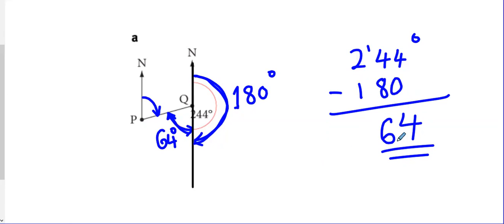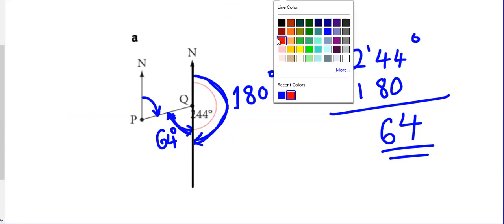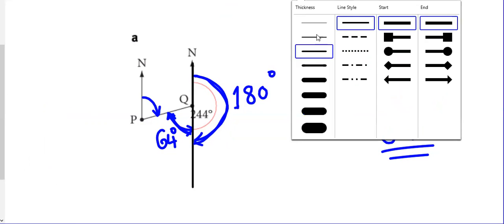Now, how do we use this 64? Remember what I said? If you have a line like this, let me try to highlight on the diagram itself what it means. Let me change color and make it red, and make this one a little bit heavy.